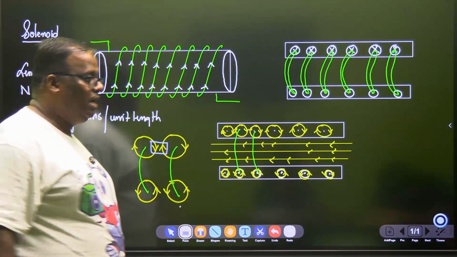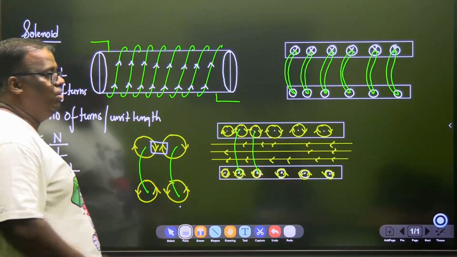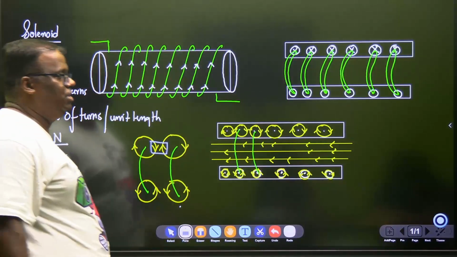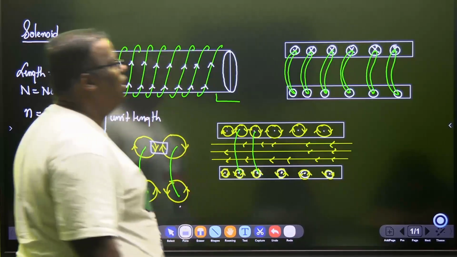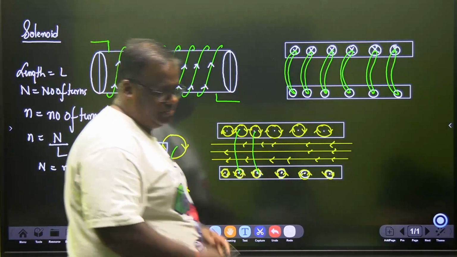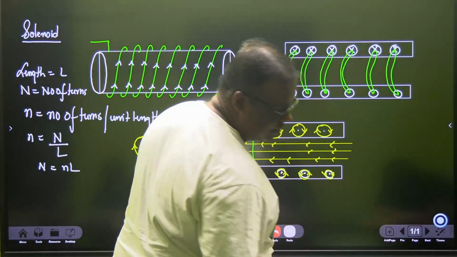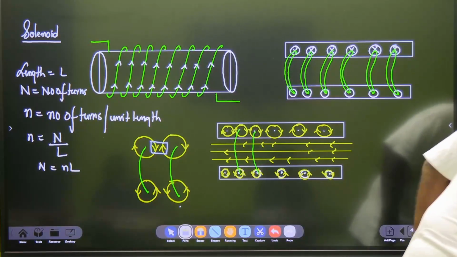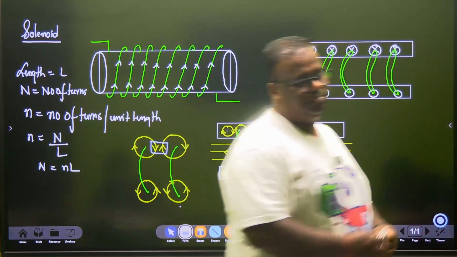Therefore, magnetic field outside the solenoid is taken as almost 0. It isn't exactly 0, but for derivation we take it almost as 0. Magnetic field outside a solenoid is taken as 0.